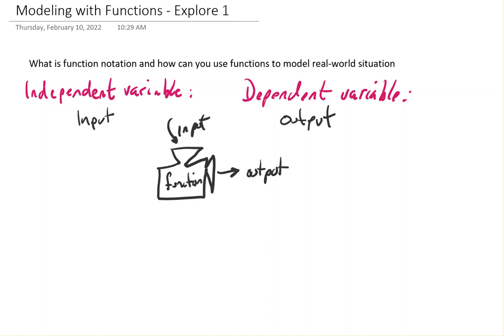If we put in the number 5 and it comes out as 10, we have a table of values of 5 and 10. Then we dropped in another number, maybe 3, and what came out was 15.